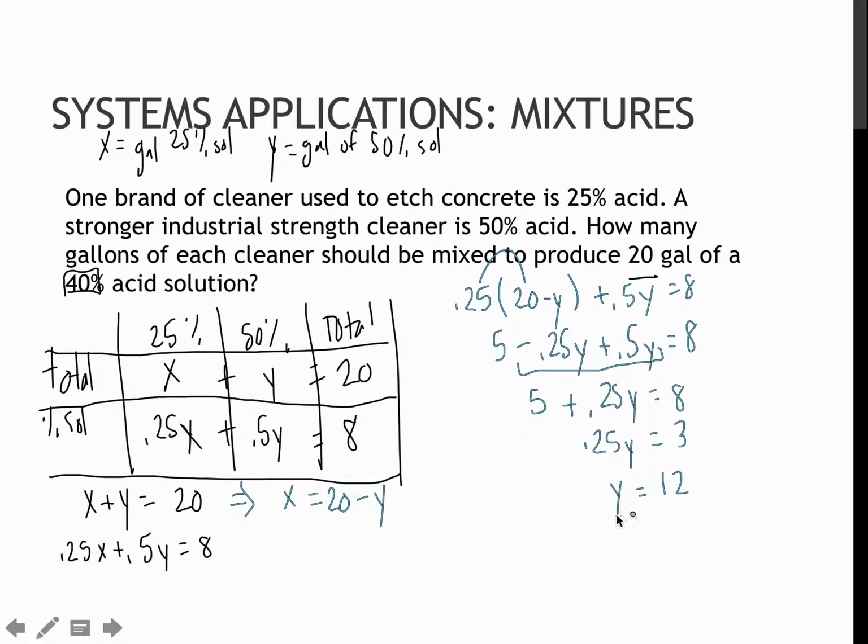Remember, that's one of the values, so now I'm going to say X plus Y equals 20, but instead of Y, I'm replacing it with 12, and I get X equals 8. And again, then you would write your sentence that says, I would have 8 gallons of 25% solution and 12 gallons of the 50% solution to produce 20 gallons of the 40% solution.